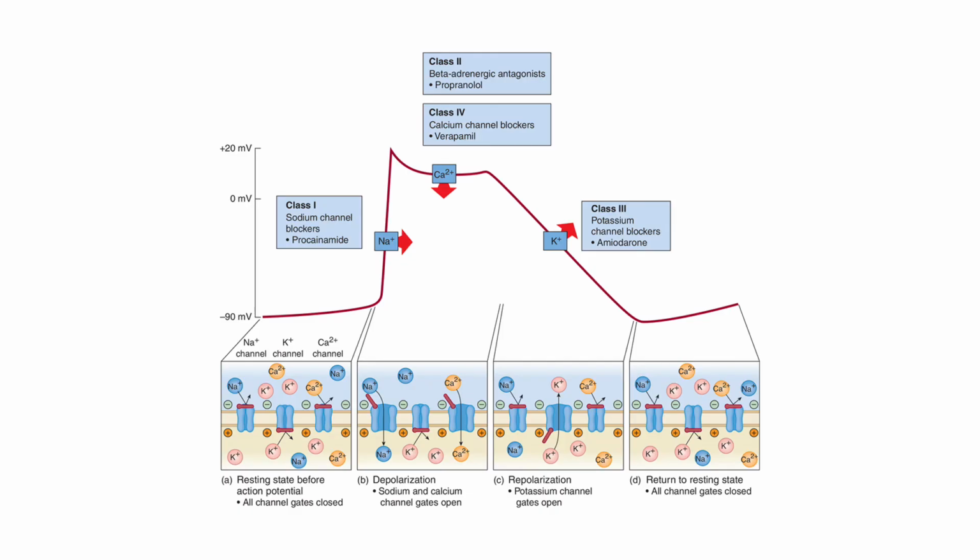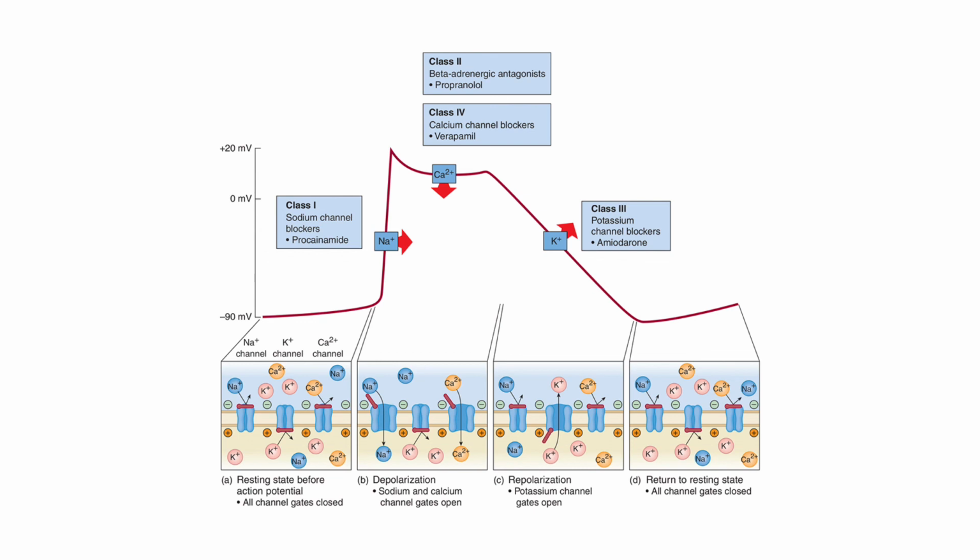So here's another action potential, and what it's showing you is just where these classes of antiarrhythmics are working. So we have the action potential that goes up. Sodium is rushing in. That's depolarization, where sodium and calcium channels are open. And then there's a steady state at the top because potassium is starting to leak out. And then you have a gradual decline back to its negative resting state called repolarization. And different drugs will block different channels.